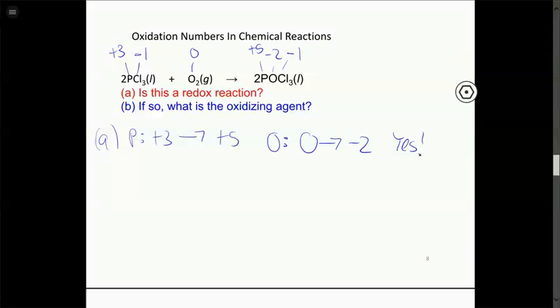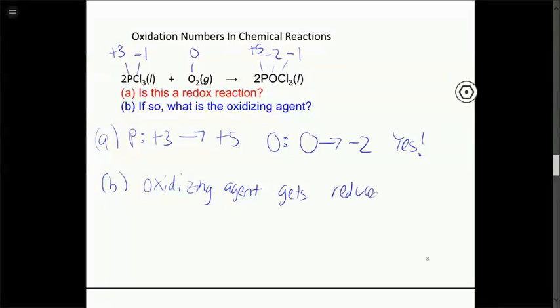Okay, so choice A, is this a redox reaction? The answer is yes. And now we have to assign the oxidizing agent. Remember that the oxidizing agent gets reduced, which means the oxidation number decreases.